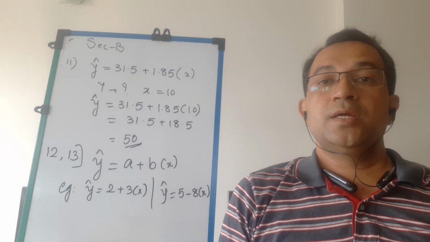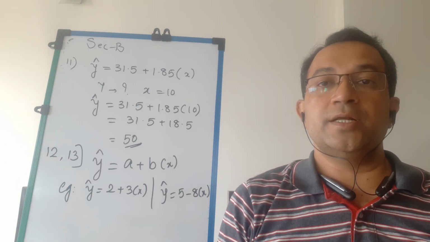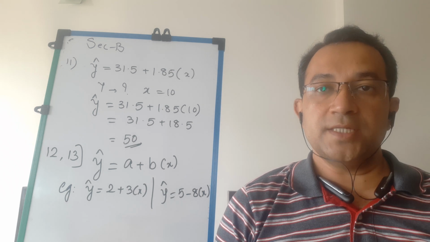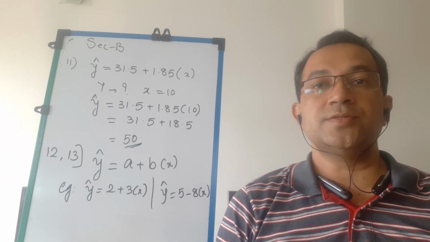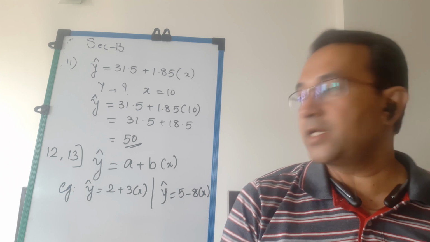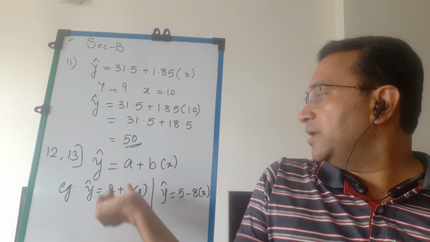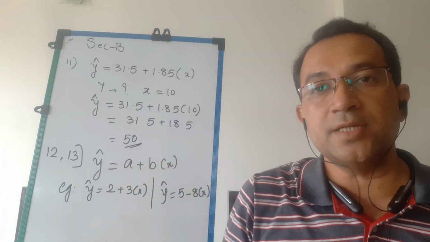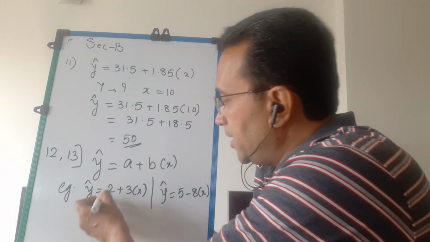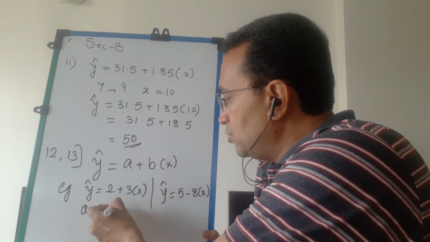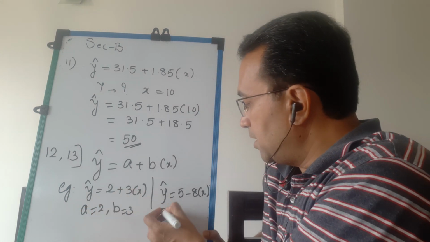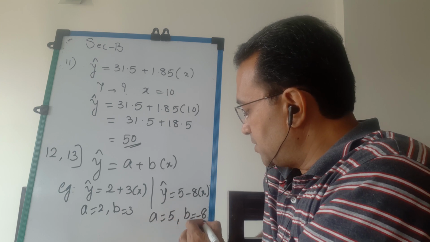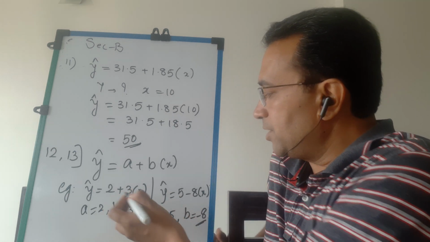Very simple, but still you need to understand. Our regression line, students, of y on x is y cap is equal to a plus bx. In the first line, if you compare with a plus bx, a is 2 and b is 3. Yes or no? So here a is equal to 2, b is equal to 3. Here a is 5 and b is minus 8.